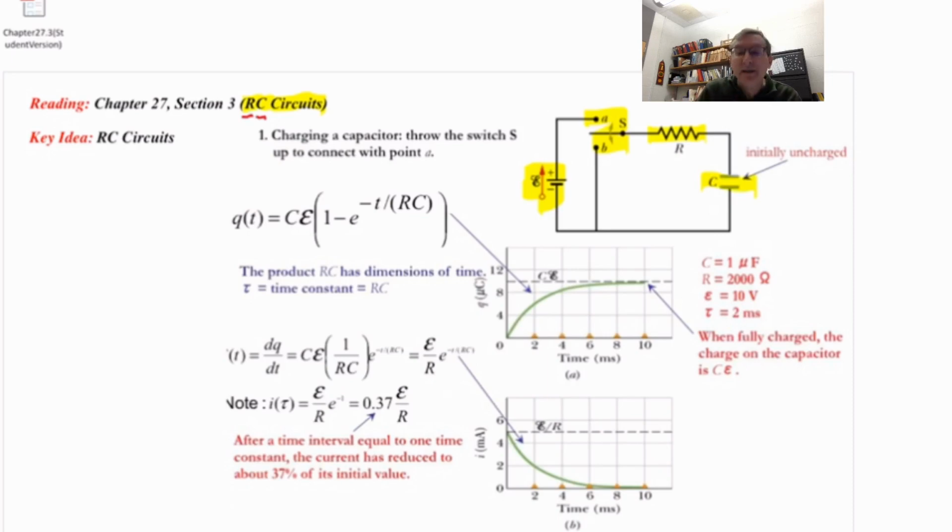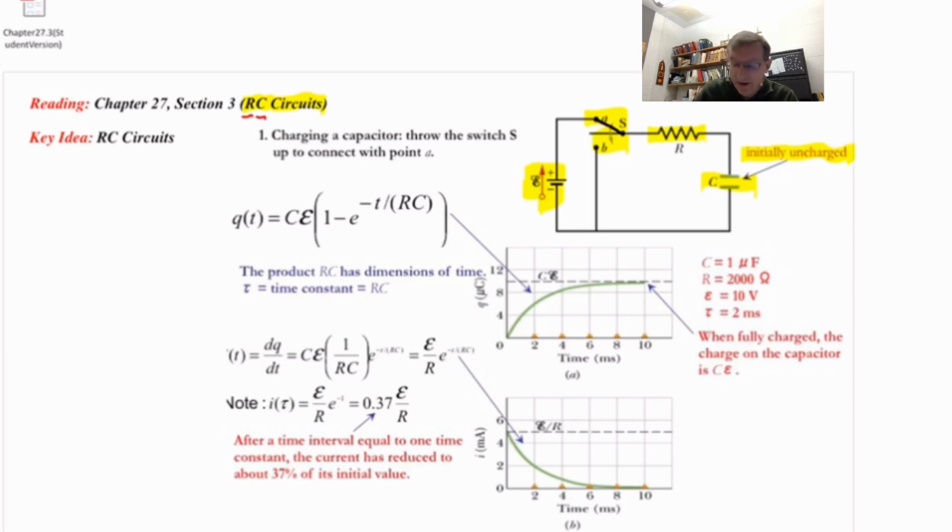And initially, this capacitor that you see there has no charge at all. Okay, it's initially uncharged. And when we're ready, and we're going to call it time zero when we do this, we're going to throw this switch S so that it makes a connection with point A by just pushing that line up.